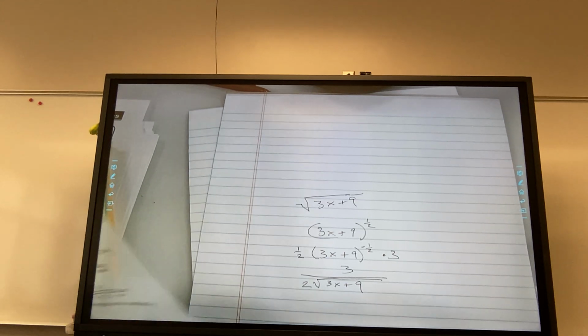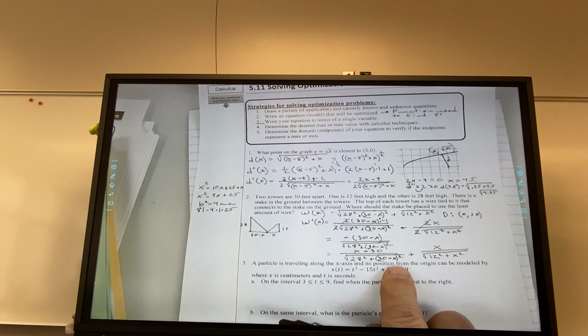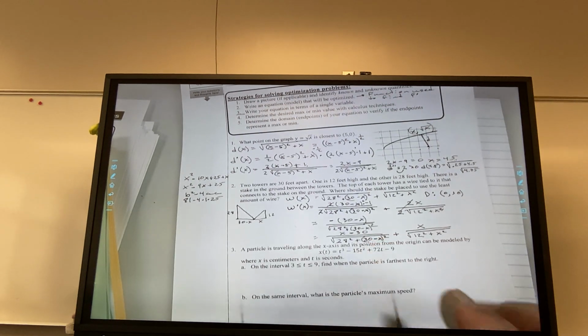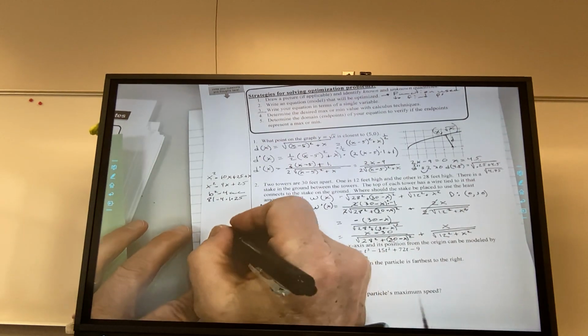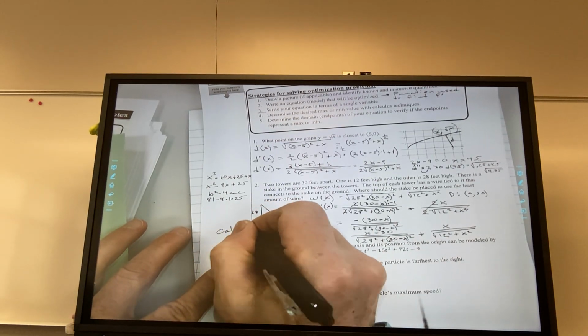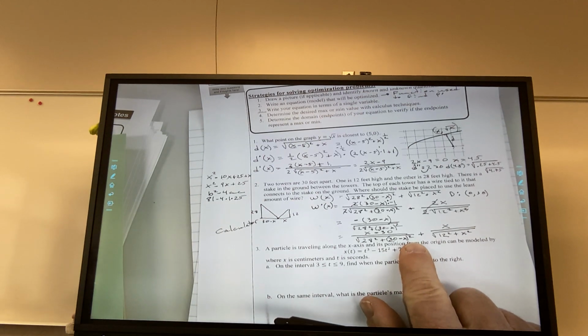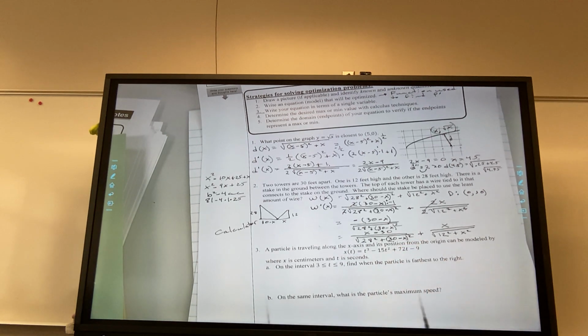All right. So what I did, I'm going, oh my gosh, that thing is terrible. So I said, hey, I would always give this as a calculator problem. And so I'm going to put this into my graph. And I'm looking for where it crosses the x-axis.